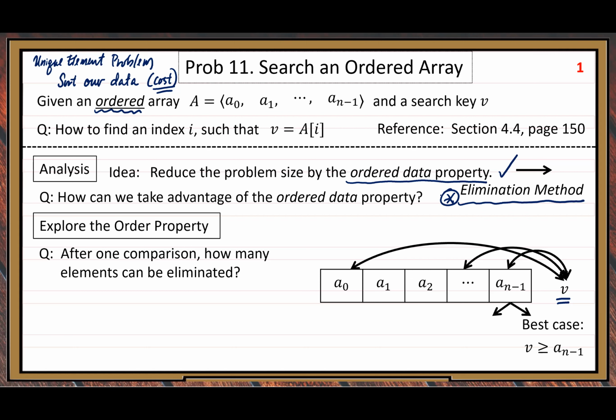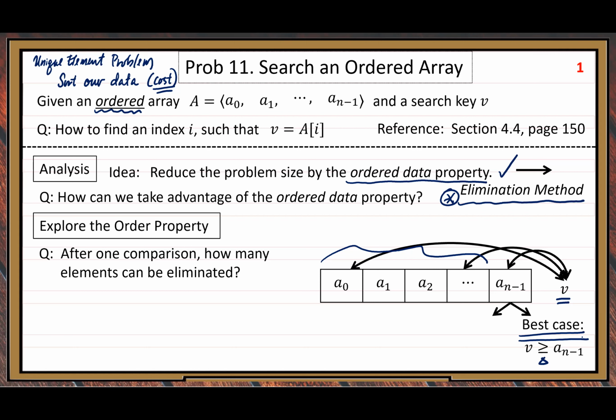Because V is greater, basically, we can eliminate all these elements before the last element. The last element we cannot eliminate, because there is still a possibility V equals the last element. But we can eliminate all the elements except the last element. So that's why we say the best case, because that's the maximum number of elements we can eliminate.